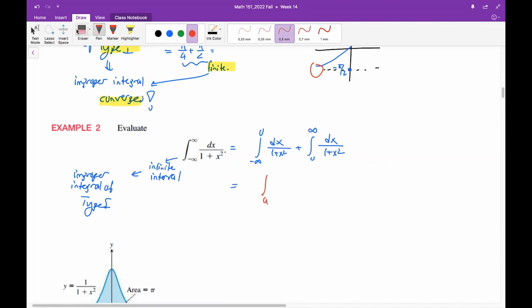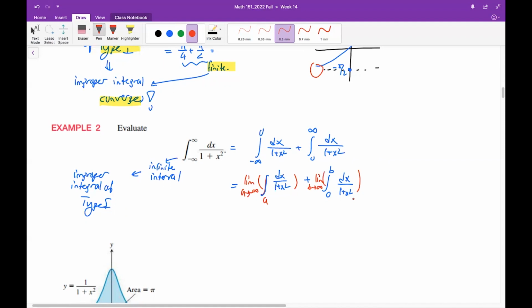You name the lower boundary as some number a, and then send that variable to where it belongs, minus infinity. Then the second one is the problem, so name it as b: the integral of 1 over 1 plus x squared from 0 to b. And then you send this b to plus infinity.